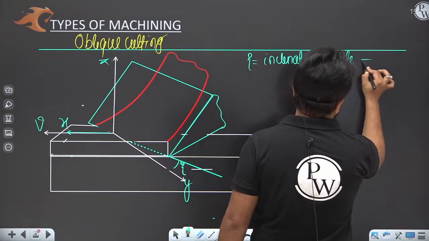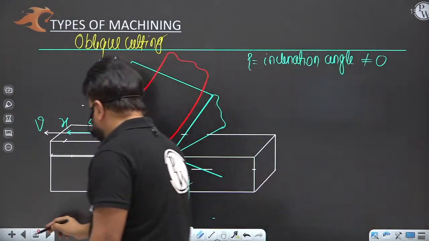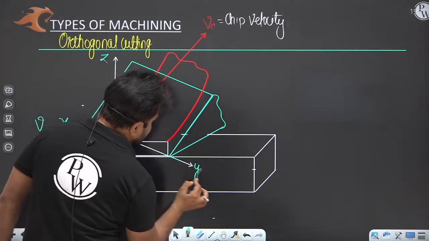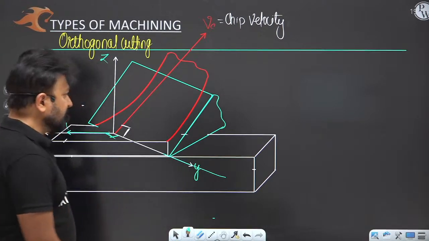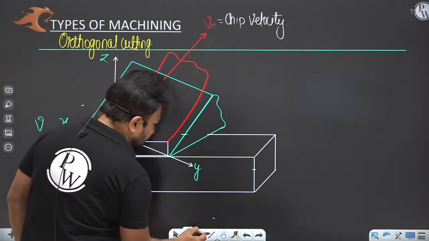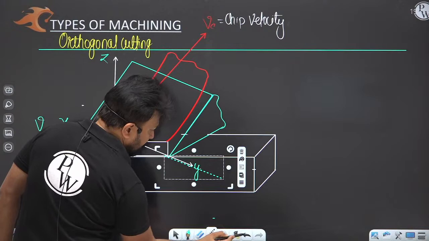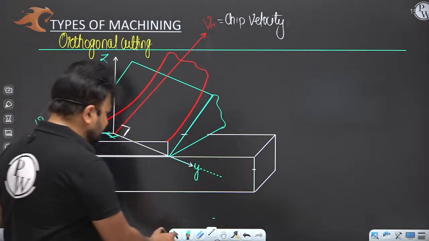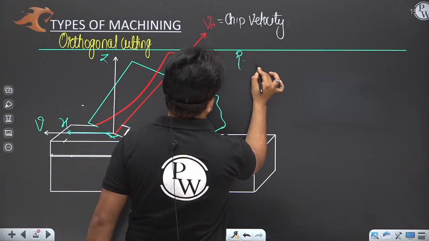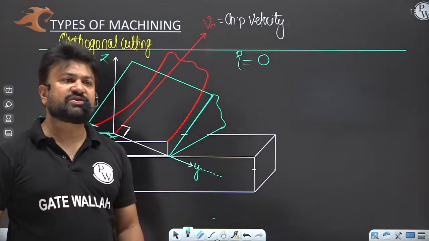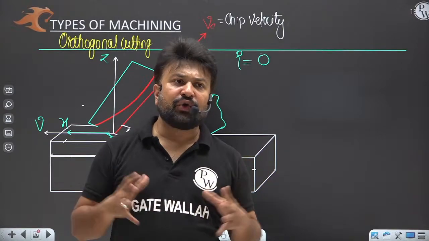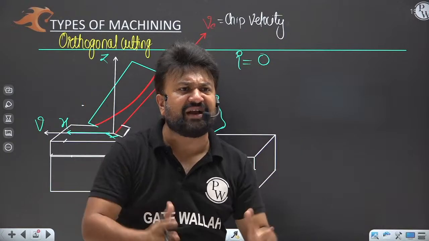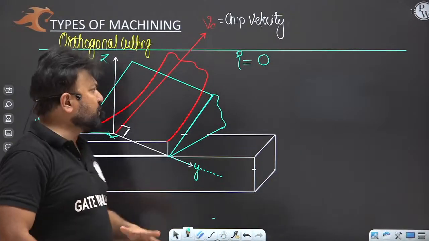So here in orthogonal cutting, the inclination angle of the cutting edge from the y-axis is equal to 0. Yes or no? Do you understand this concept? Let me know. How many are getting this concept?